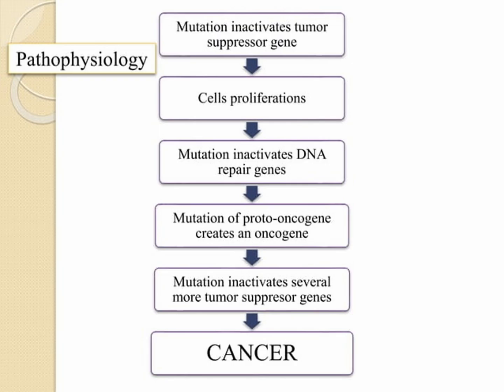Mutation also inactivates DNA repair genes, which results in further mutation of a proto-oncogene, which creates an oncogene. Then, as mutation progresses, it inactivates several more tumor suppressor genes, and it ultimately results in cancer.